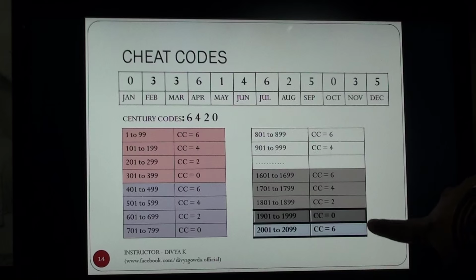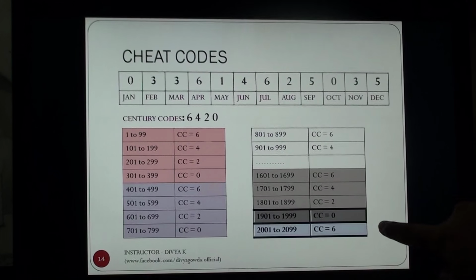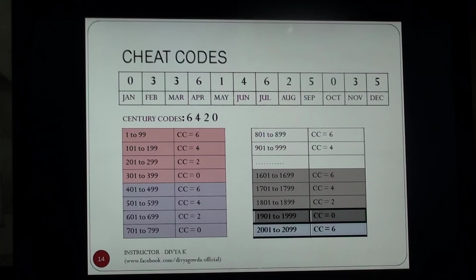So whatever I have highlighted here, this is very important, because all your placement test papers or any exam papers, it will give you some years in the range of 1901 to 1999. For example, when was Children's Day celebrated in 1965, or when is our next Republic Day celebrated, or they can give you some random date like what will be the date on 7th November 2025.